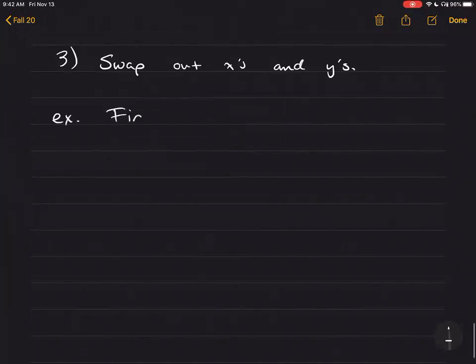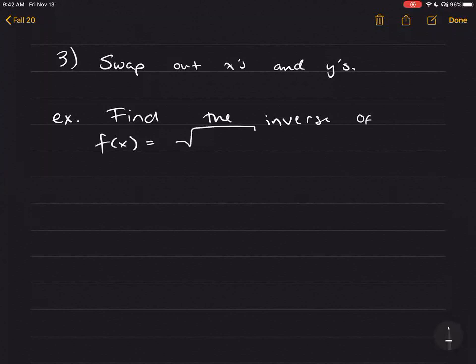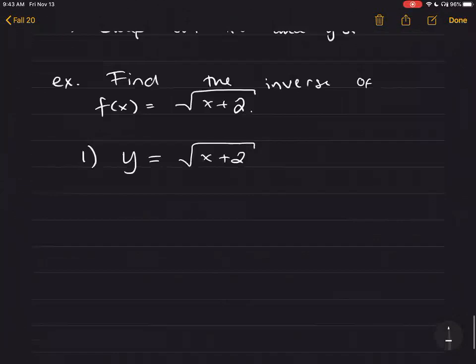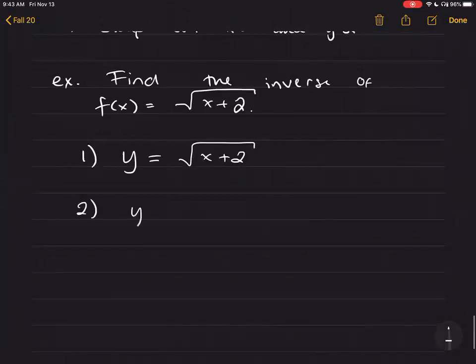Let's find the inverse of f of x equals the square root of x plus 2. Remember, our first step was to write y equals f of x, so we write y equals square root of x plus 2. Now the second step is to solve for x.